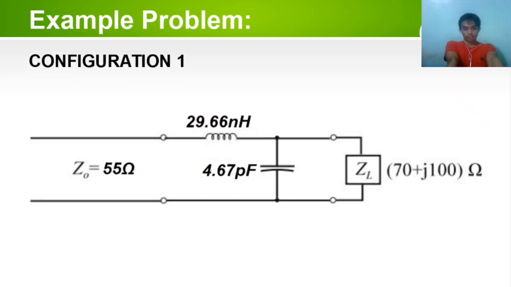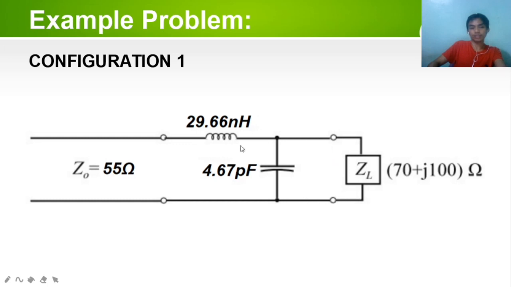For the configuration, we have the characteristic impedance, and in order to match to the load impedance, which is 70 plus j100 ohms, we use the inductor of 29.66 nanohenry in series, with the capacitor of 4.67 picofarad parallel to the load impedance ZL.